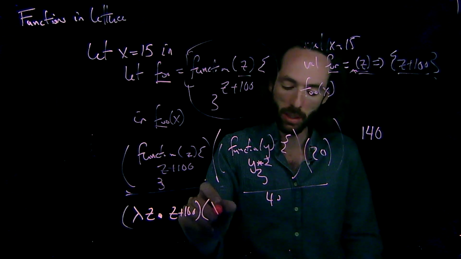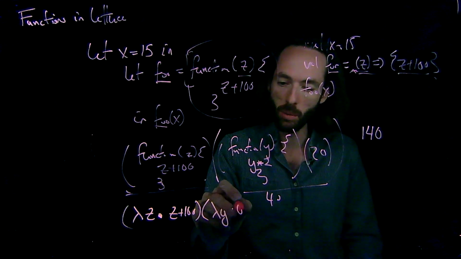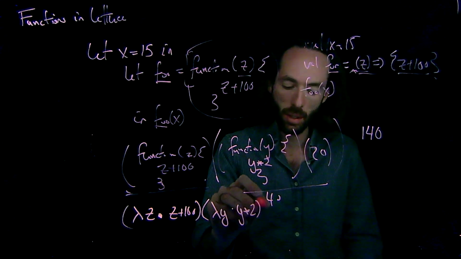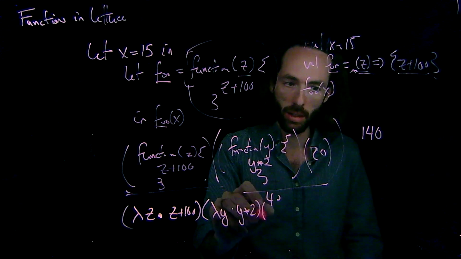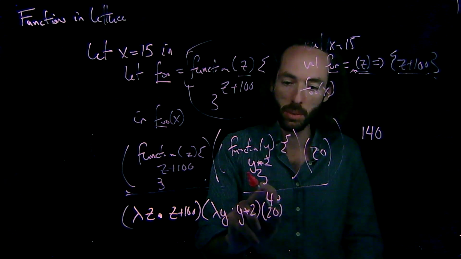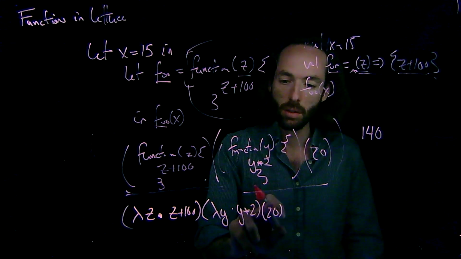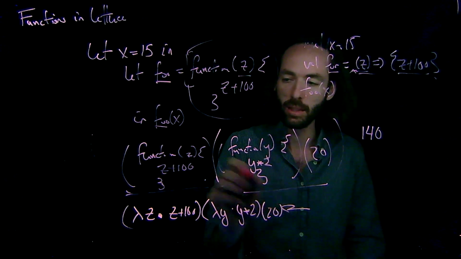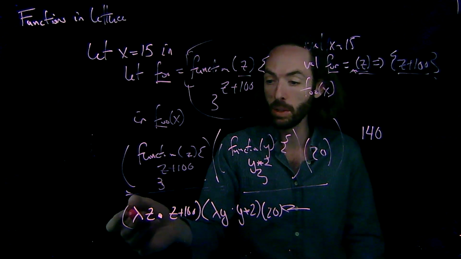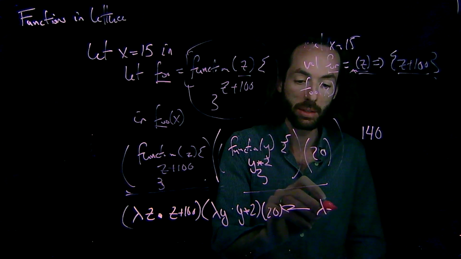And then this one will be lambda y dot y times 2. And then we can feed it our input, which will be 20. So this is the exact same function here, but in the lambda calculus syntax.